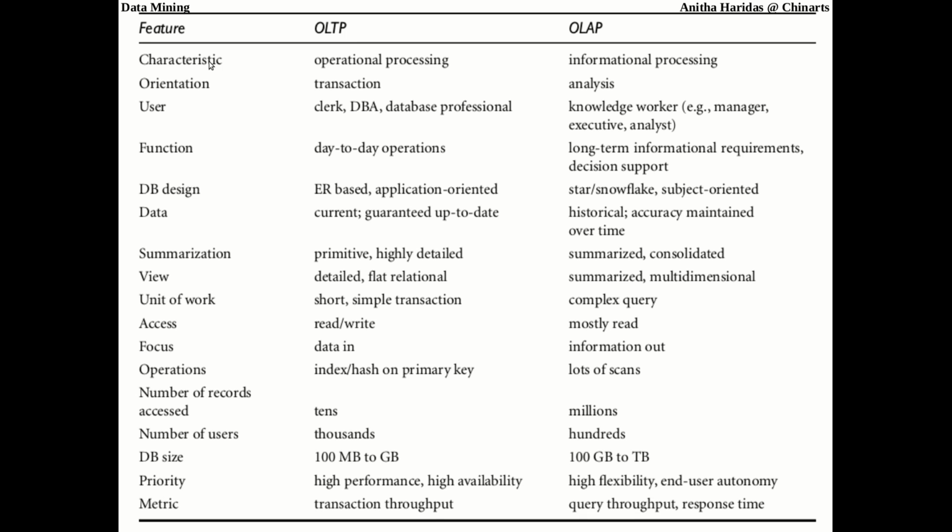Based on the characteristics, OLTP is operational processing, whereas OLAP is informational processing. Of course, I have collected this table from the internet. When you browse, you may get the same table. Based on the orientation, OLTP is used for transaction processing, whereas OLAP is used for analysis.